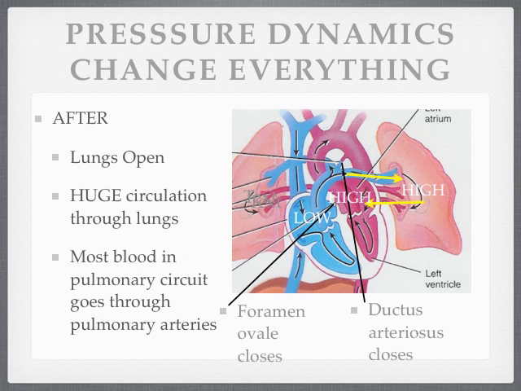As long as pressure in the left atrium is higher than the right, that pressure is going to close the foramen ovale. And little by little over time, as it remains closed, that foramen ovale is going to slowly heal over and form a complete solid wall there.